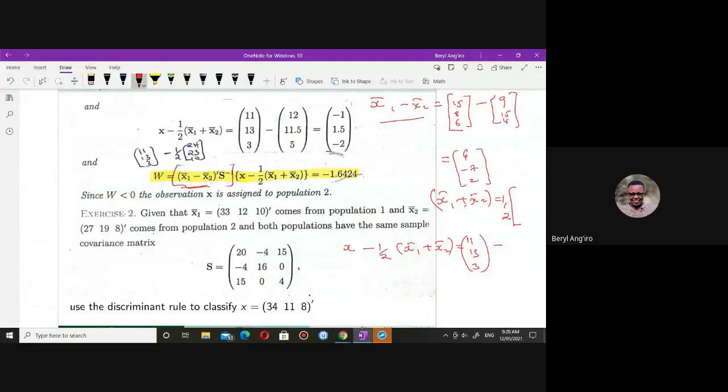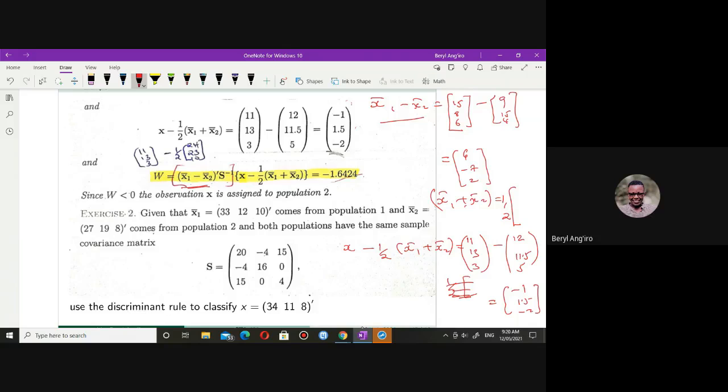Our x is 11, 13, 3 minus a half of x bar 1 plus x bar 2. If you multiply this by a half, that will give 12, 11.5, and 5. After multiplying by a half, 12, 11.5, and 5. And this gives minus 1, 1.5, and minus 2.